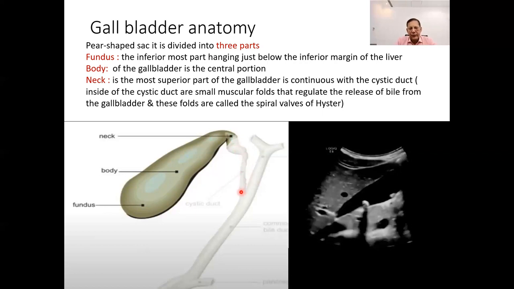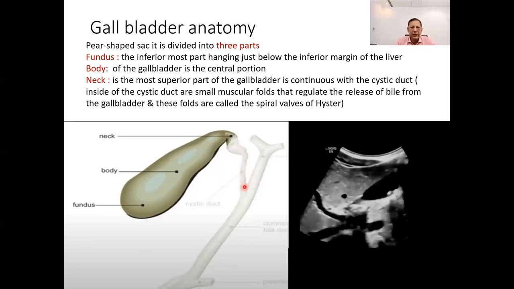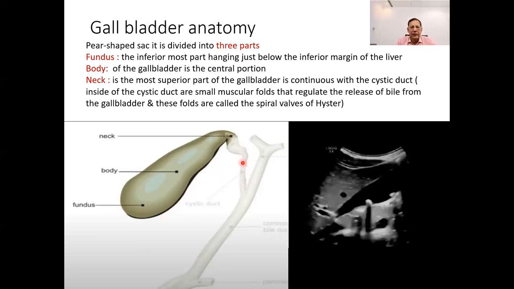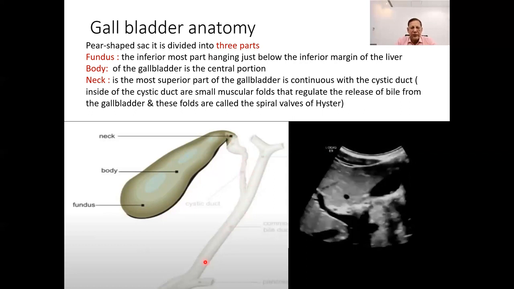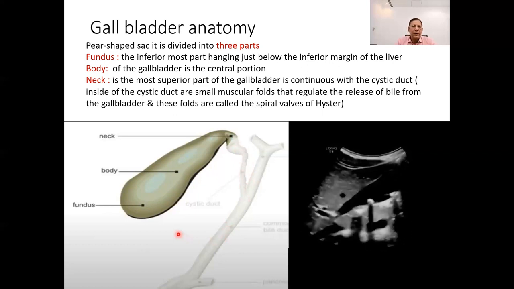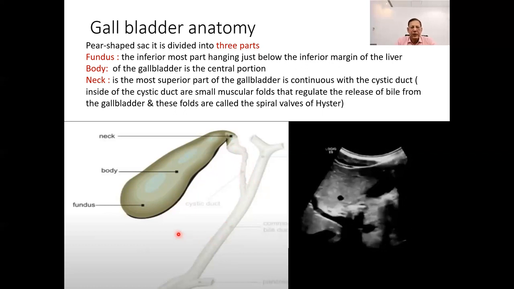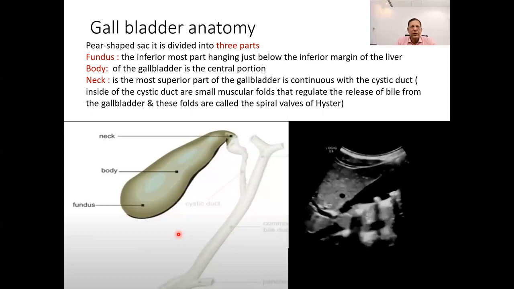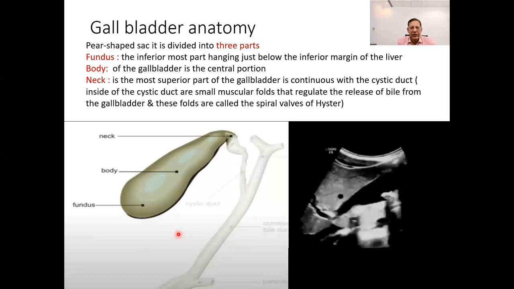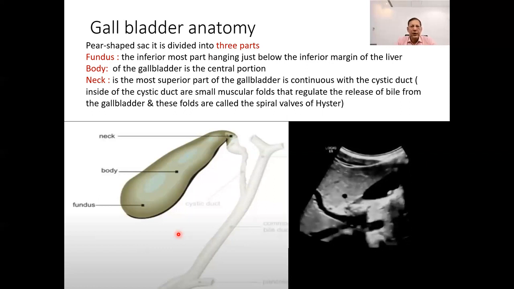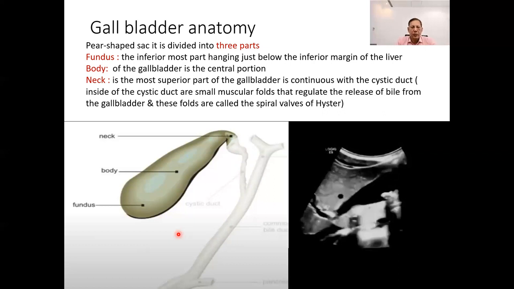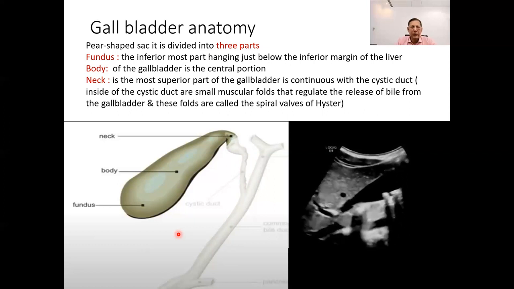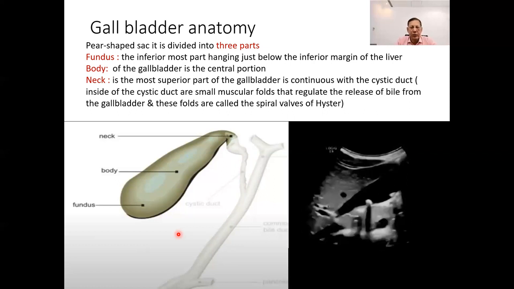As we studied, the cystic duct joins the common hepatic duct to form the common bile duct. So the extrahepatic ducts include the cystic duct and the common bile duct, together with an organ called the gallbladder, which is also considered part of the biliary system and part of the extrahepatic biliary system.